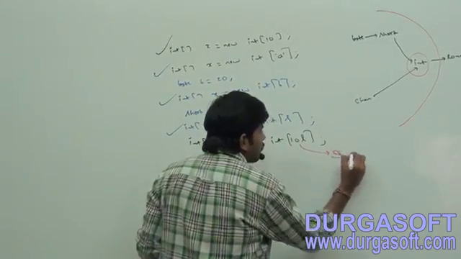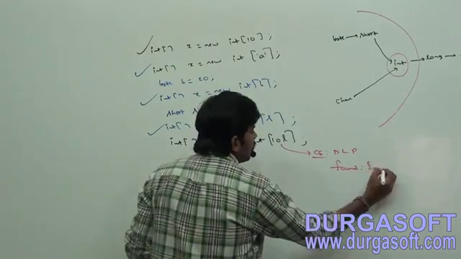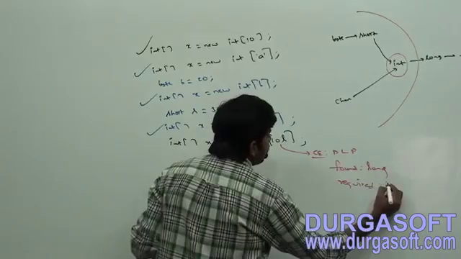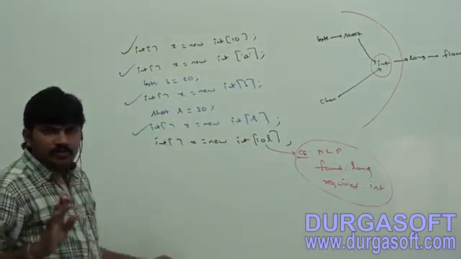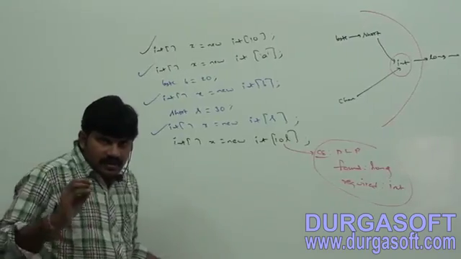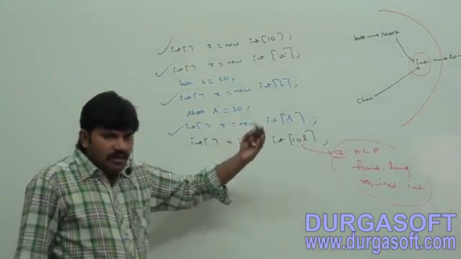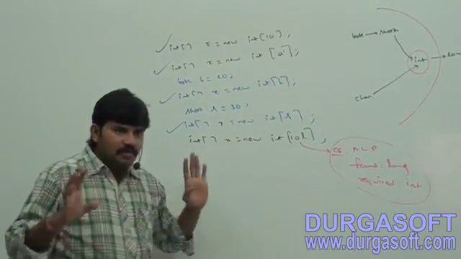Immediately compile time error, possible loss of precision. Found long, required is int. Are you getting it? To specify array size, the allowed data types in Java are byte, short, char, int. By mistake, if you are providing any other type, we will get a compile time error.